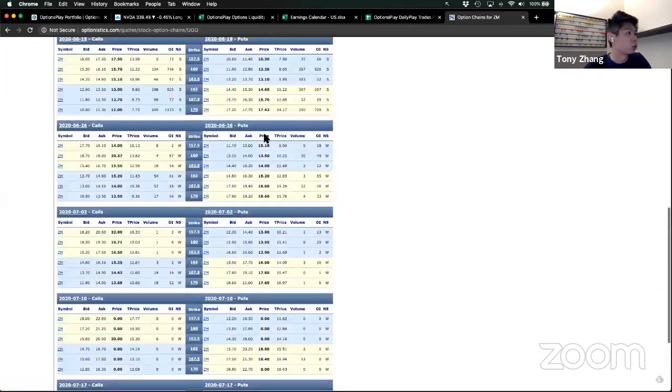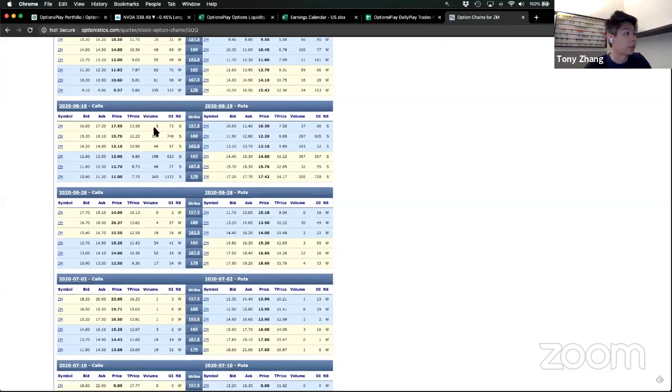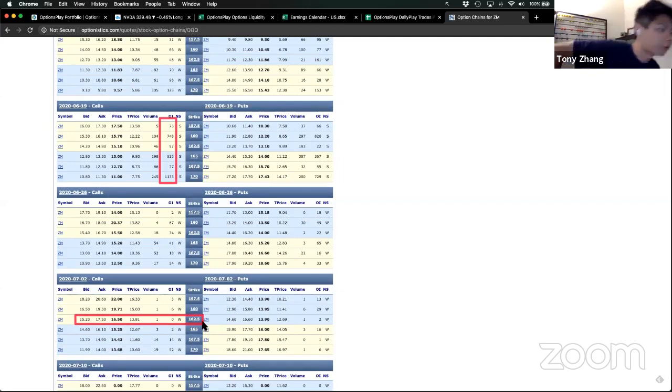But if you look at the June monthly options, there are thousands of contracts available in terms of open interest. And the question I get a lot from users is, I'm trying to buy this call option, I want to buy the 162.5 calls on Zoom, but the open interest is so low. How do I place this trade?